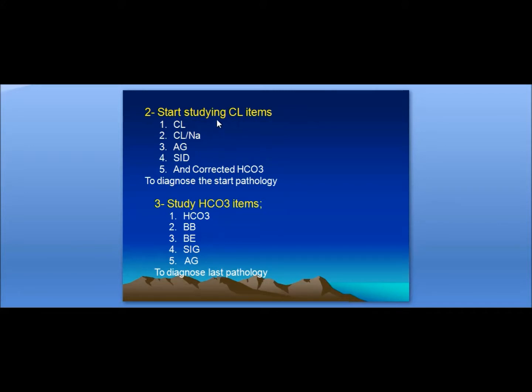From these items and this data, you will come to the diagnosis of the start pathology, the first pathology. Number 3, studying bicarbonate items: serum bicarbonate, buffer base, base excess, strong ion gap, and anion gap. This will give you the last or the second pathology and the second diagnosis.